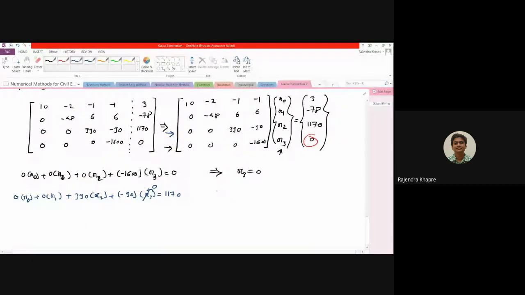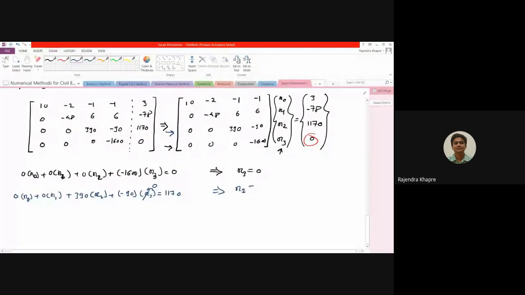As a result, x2 should now be 1170 divided by 390. Simple. How much is this?